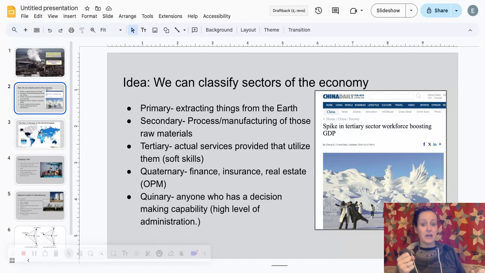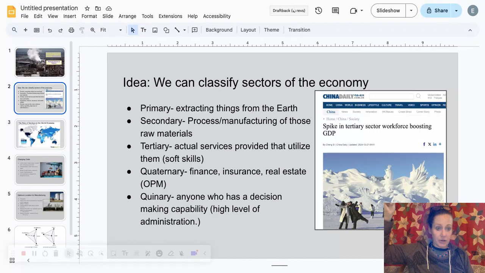The secondary economy is the process of manufacturing those raw materials into something. So remember back in world history and US 1, we learned about the raw material, say the cotton or the sugar, right, was taken from the Americas, and then England may have processed it into textiles or into rum, right? Taking something and making it into something else, that's a secondary economy, right?